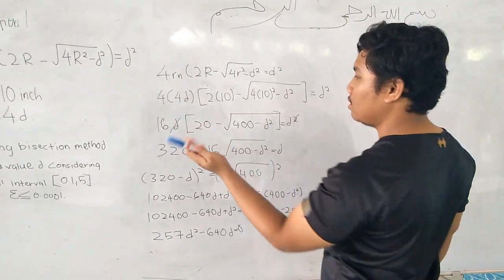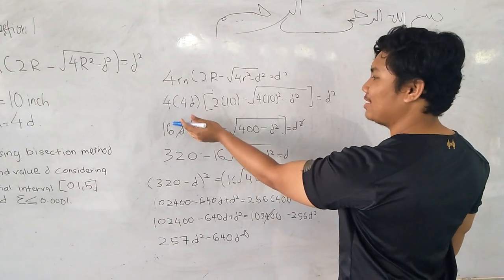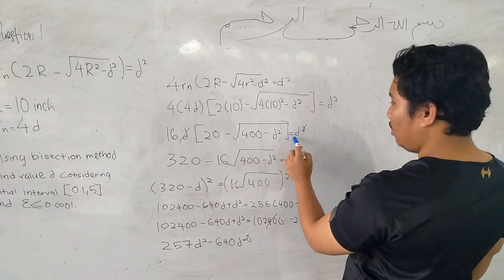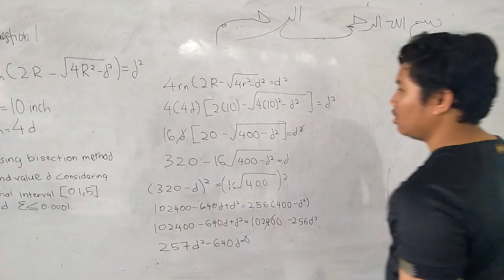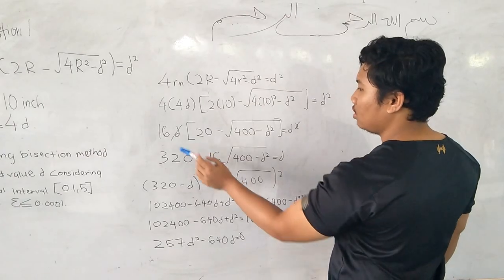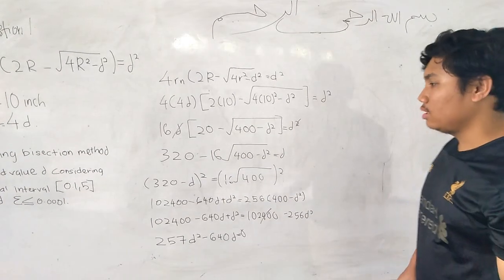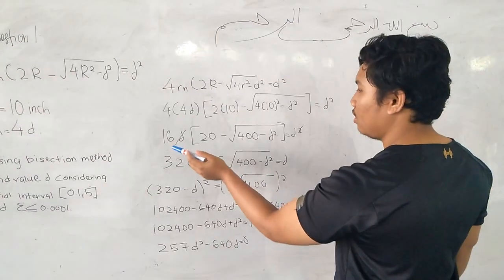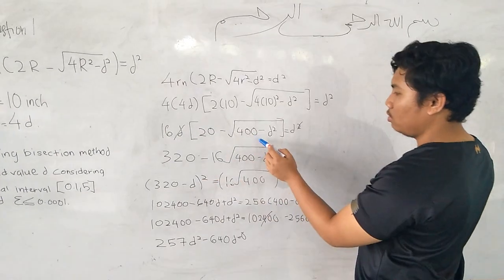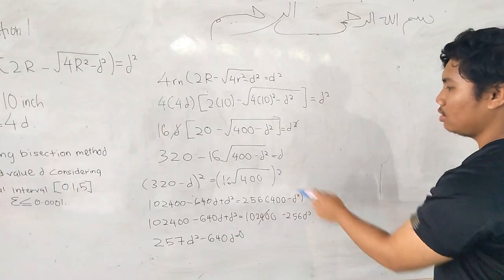We just use normal steps. We substitute and we get this. So we can cancel this square and D. This becomes just 16 and this is just D. Next, multiply 16 and 20 and 16 into this, for 400. So we will get this.